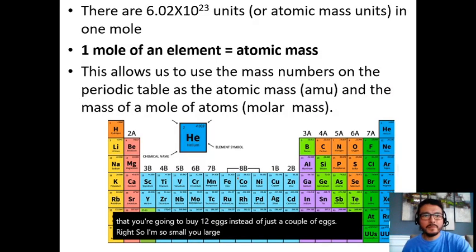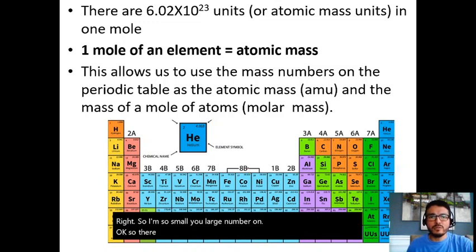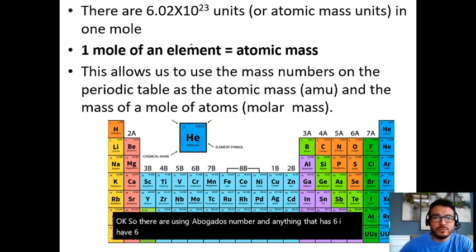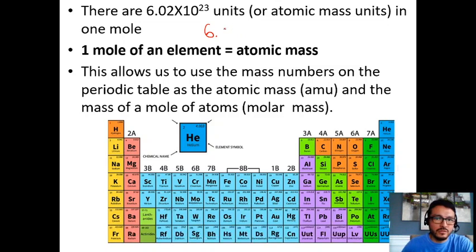Let's move on. Okay, so using Avogadro's number, anything that has 6.02 times 10 to the 23 units will represent 1 mole. So one conversion factor that we'll look at is, now if you've seen the Factor-Label method lesson, you've heard this already, the term conversion factor.